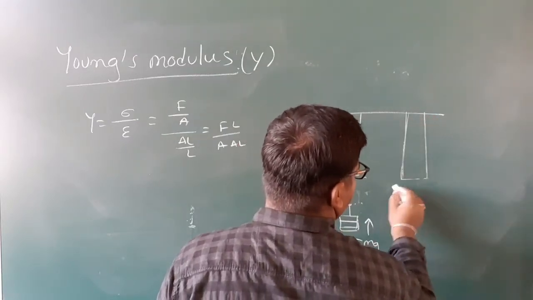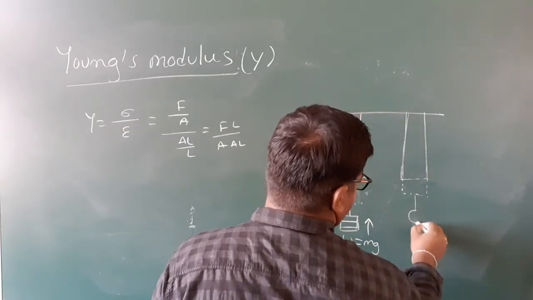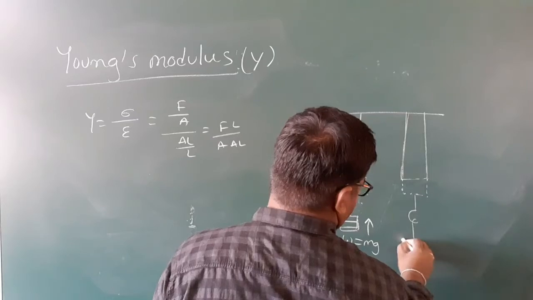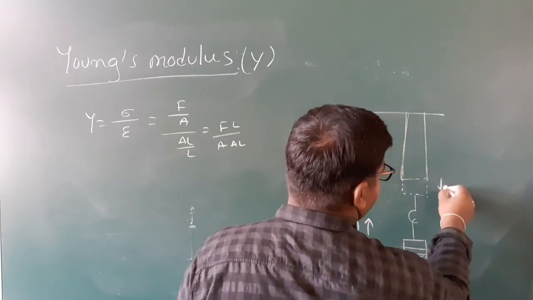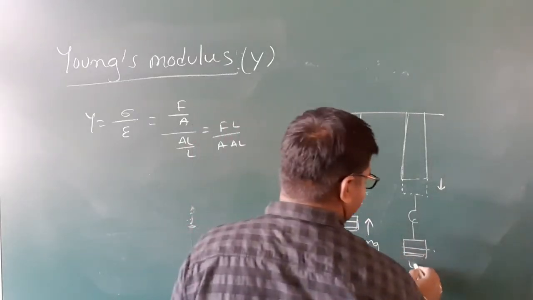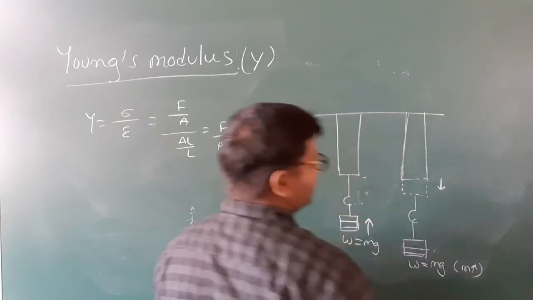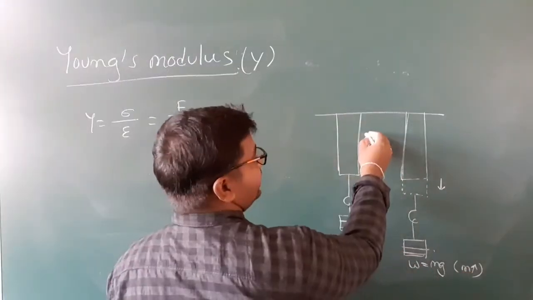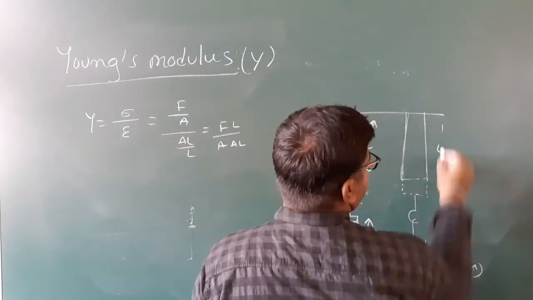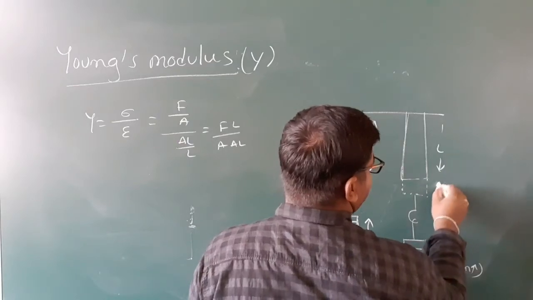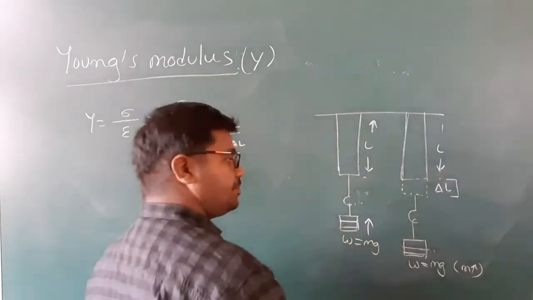We can observe the material will increase its length. If m is more, understand? Initially the length is L. After that, the length of the material increases by delta L.